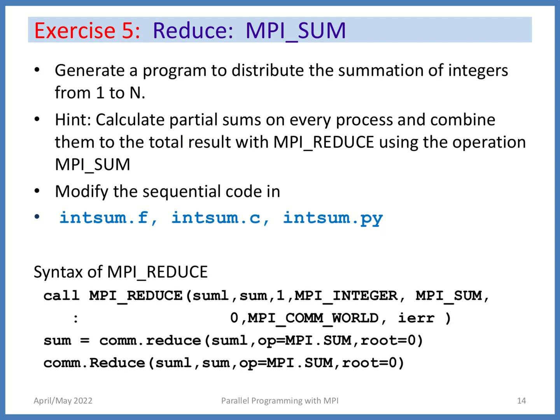I will give you 10 minutes for doing this calculation of the numbers 1 to n. By the way, you know beforehand what the result will be. The sum of numbers from 1 to n is equal to n times n plus 1 divided by 2.